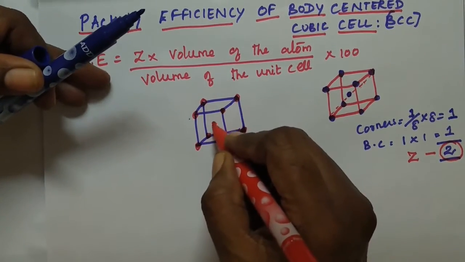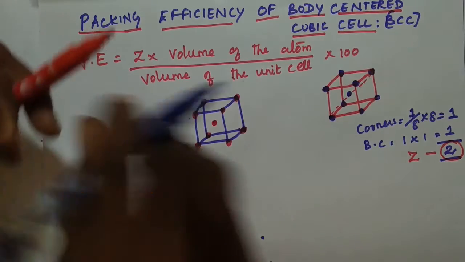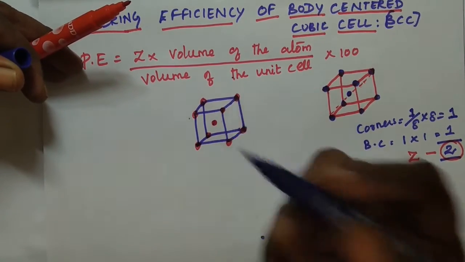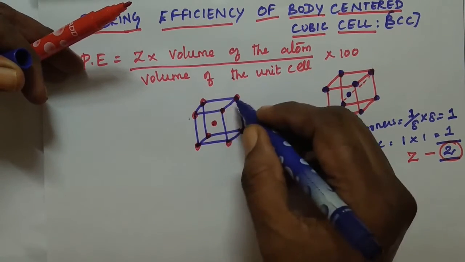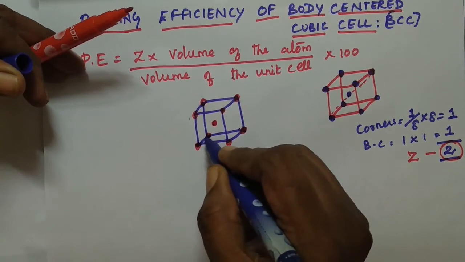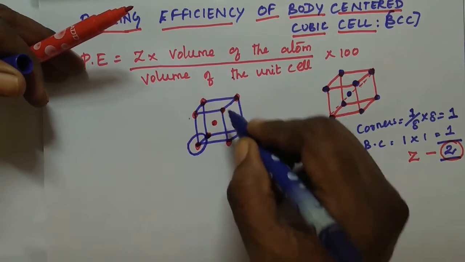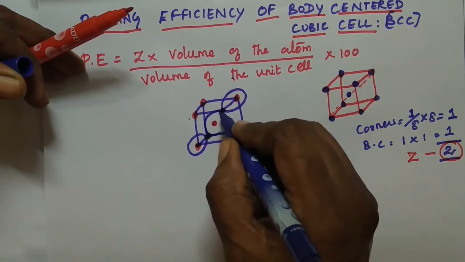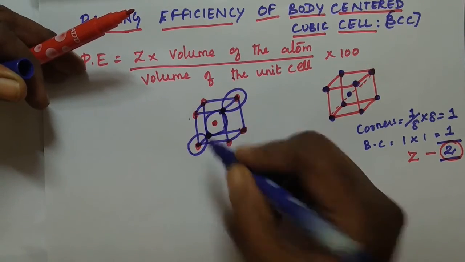Let us see how these corner atoms and the center atom occupy the cube. Totally it occupies in this way.